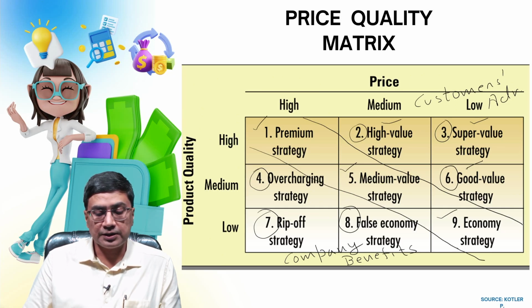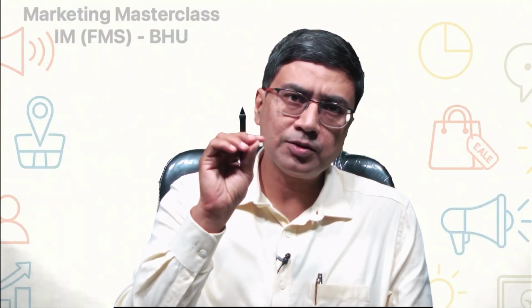So, if you are charging high with a lower quality or medium quality product, then obviously you are cheating. So, the rip off strategy is usually for those organizations who have a very short term intention to remain in the market. They just try to get the maximum in a very short duration.